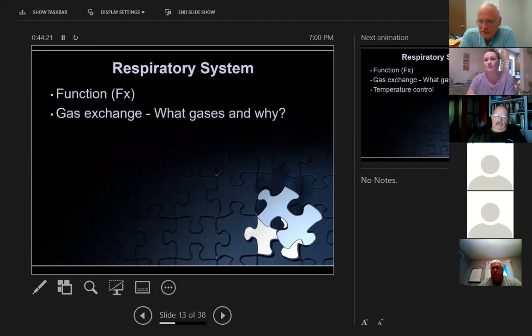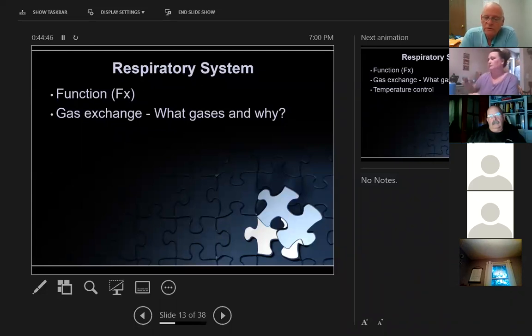The byproducts of that are heat, water, and carbon dioxide, the cast-off effects, other than creating energy. So we need to get oxygen to the cells so the metabolism can work. And we need to remove the carbon dioxide, which is now becoming toxic, and get it out of the body. All right? So getting oxygen in is just as important as getting carbon dioxide out.